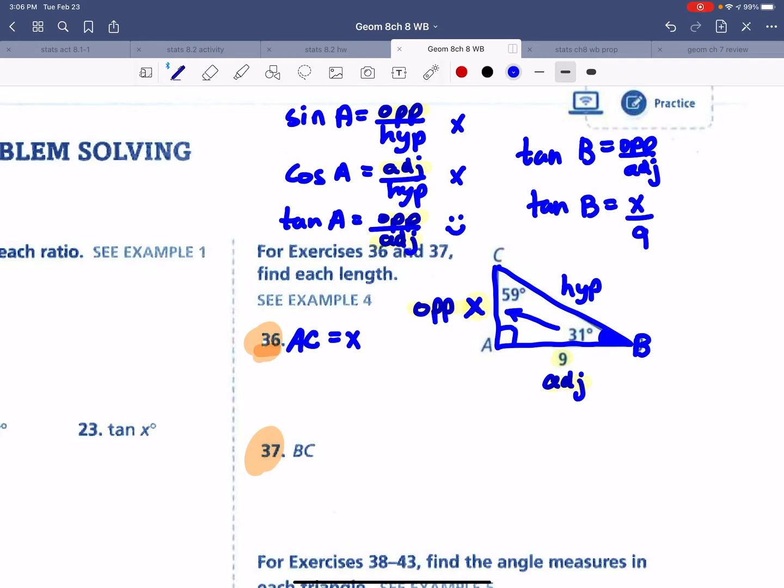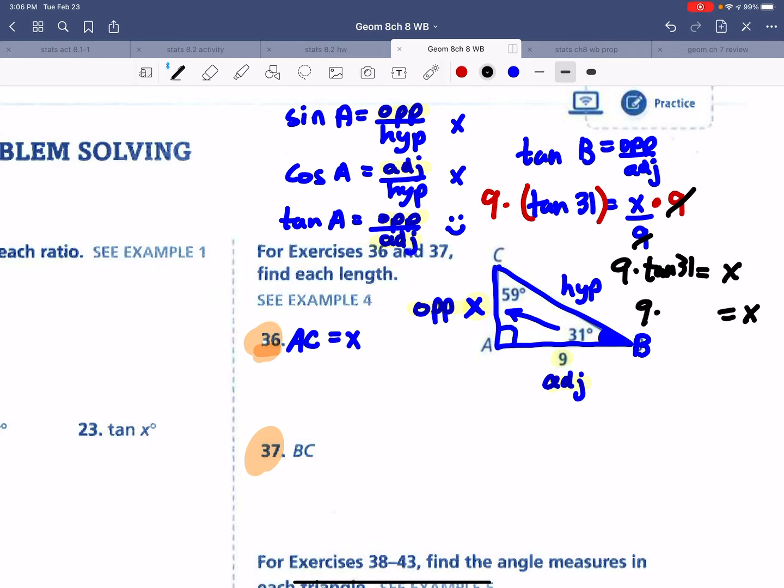And I know what B is. I should have plugged that in there. Let's go ahead and do that. Angle B is 31. So we're almost done here. We either do a swap or we just multiply by 9 on both sides. So we end up getting X is equal to 9 times the tangent of 31. Well, that's fine and dandy if you knew what tangent of 31 was.